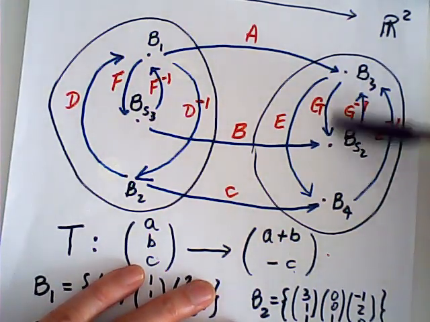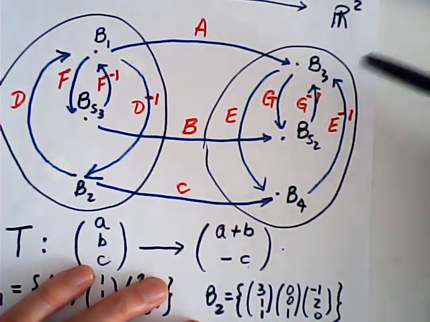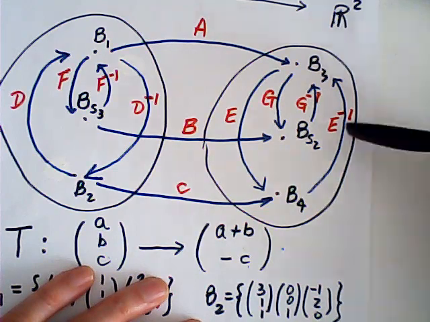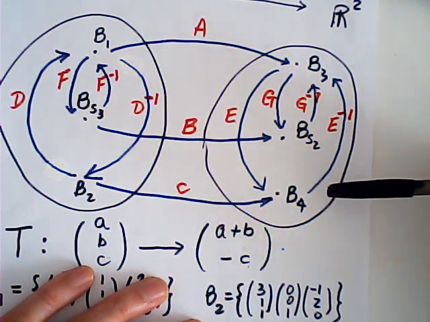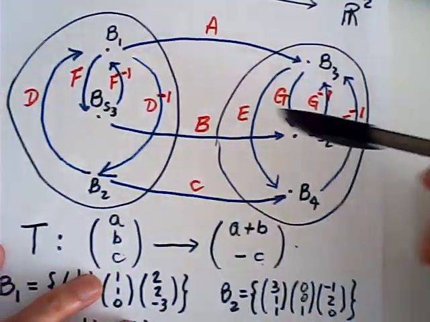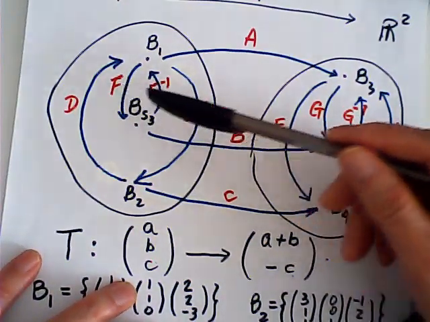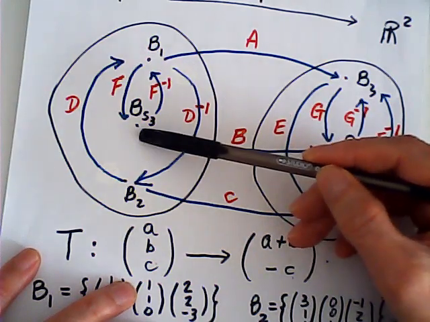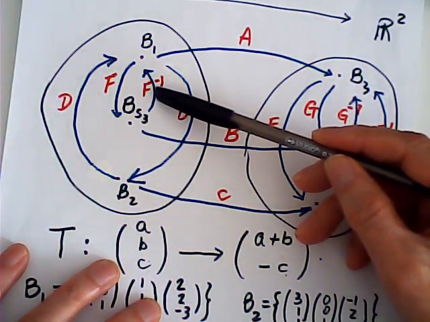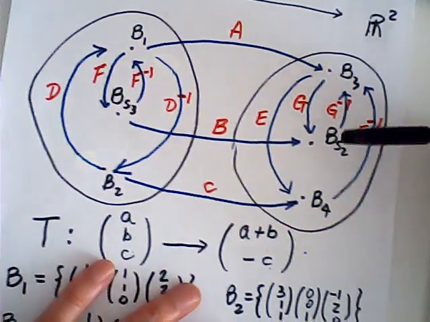And E is the change of basis matrix from B3 to B4, and E inverse is the change of basis matrix from B4 to B3. F is the change of basis matrix from B1 to the standard basis, and F inverse is vice versa.